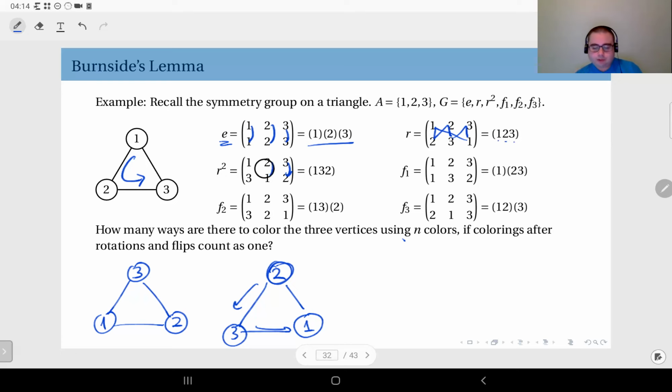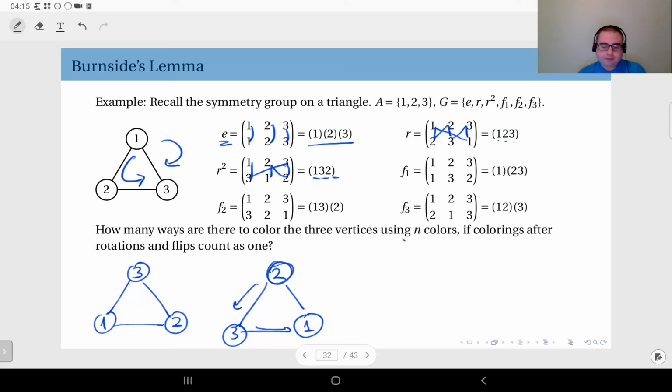And R squared, which means a rotation either twice in this direction, or maybe you can look at this as a single rotation in the other way. That's also valid. And you see the cycle here is 1 to 3, and then 3 to 2, and 2 to 1. So this is the 1, 3, 2 cycle, a single cycle of length 3.